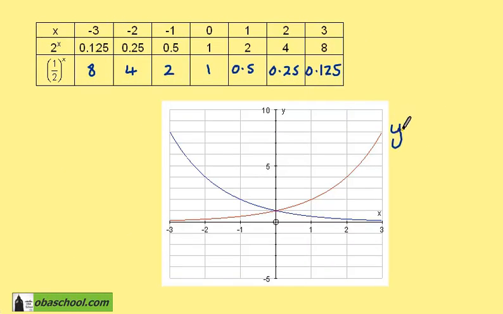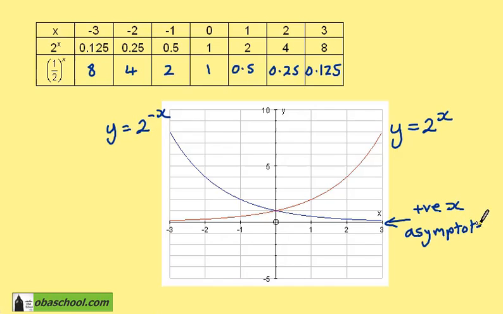Here we have y is 2 to the x, which we've met before. The blue curve is y is 2 to the minus x, or a half to the x. Note that it slopes downwards here, and the positive x-axis is the asymptote for 2 to the minus x.